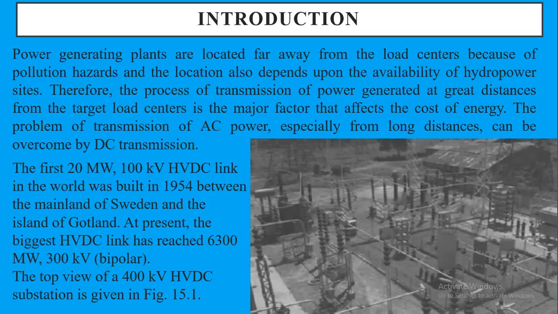Hawke's Bay is very far from the areas where electricity is used in the city. So the electricity producer and the electricity user are far away from each other, and for transporting electricity we need a transmission line.